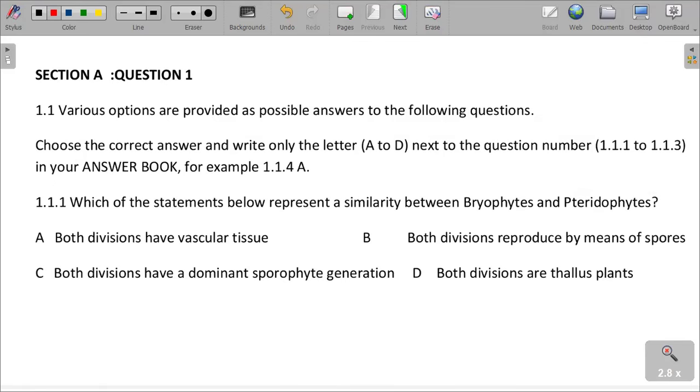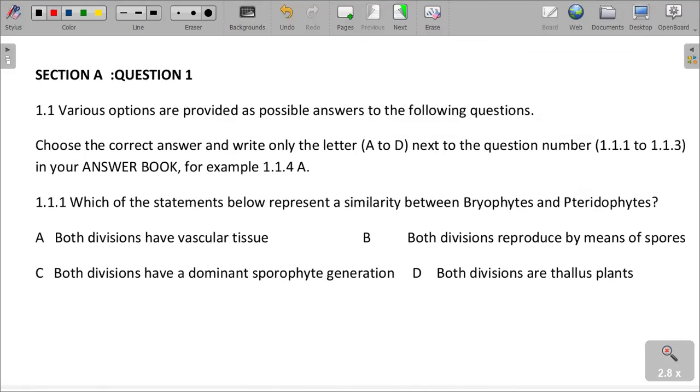Again, we need to know that the pteridophytes include ferns and their allies. If you check the method of reproduction, you shall see that the bryophytes reproduce via spores, and of course the pteridophytes also reproduce via spores, but they do have more complex structures.